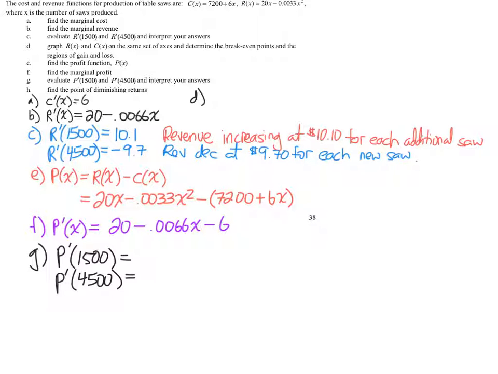So the amount of money that you're bringing in is negligible, to the point where instead of bringing money in, you're paying people to take the table saws. So that would be something like nobody bought your table saws, and now you have to pay to dispose of them. So there is a case for negative revenue. It just doesn't seem to make sense in this situation.